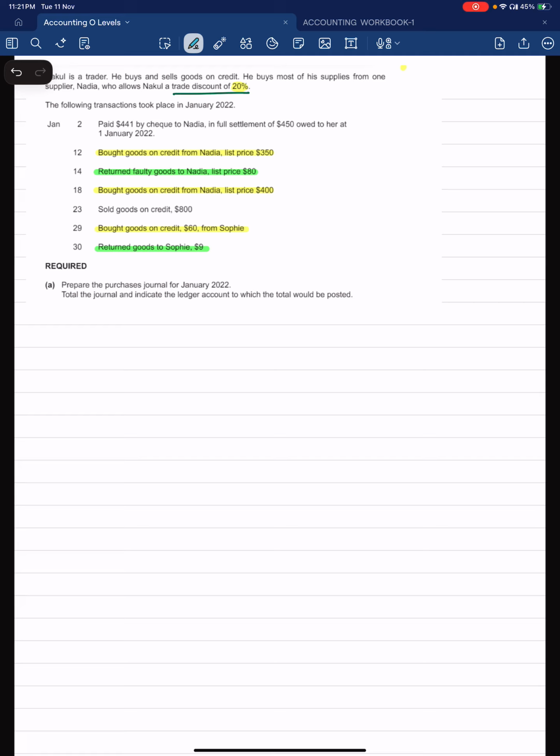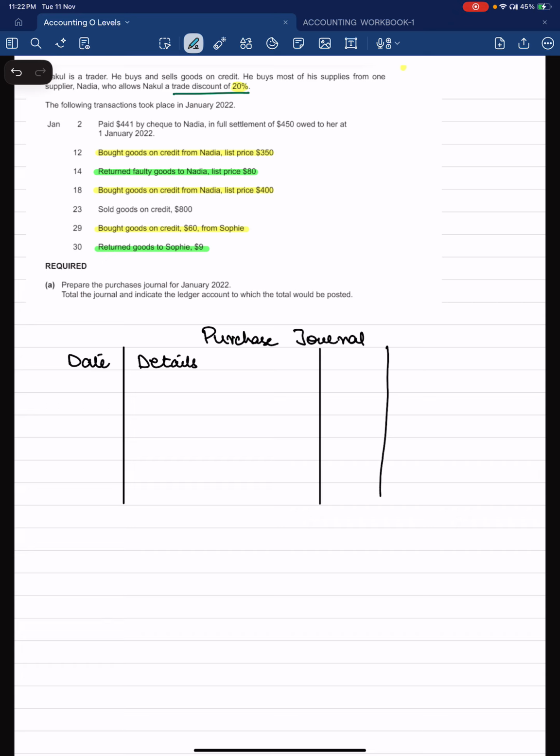Now, what we have to do in this question, we have to prepare the purchase journal. ठीक है? हम purchase journal बना रहे हैं और for the purchase journal, first of all, we must need a date, then we need details, and as per CI's format, we need two columns, and in both the columns, there is a sign of dollar. Never confuse these two columns with debit and credit. ठीक है? Okay.